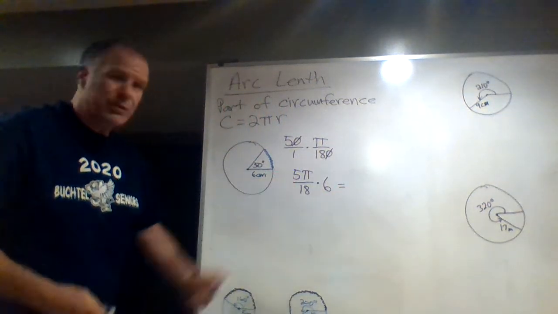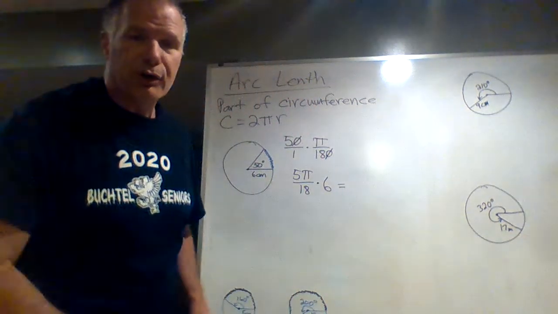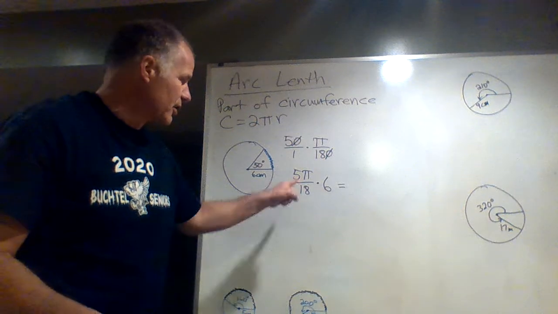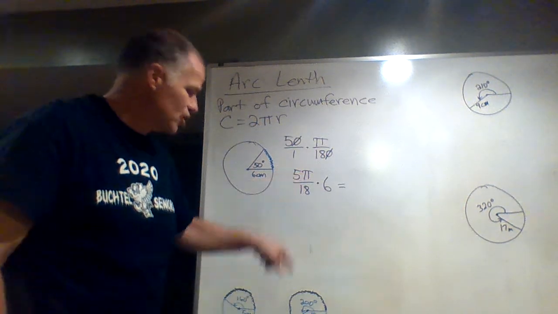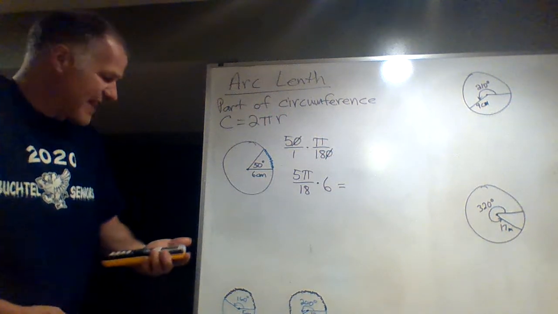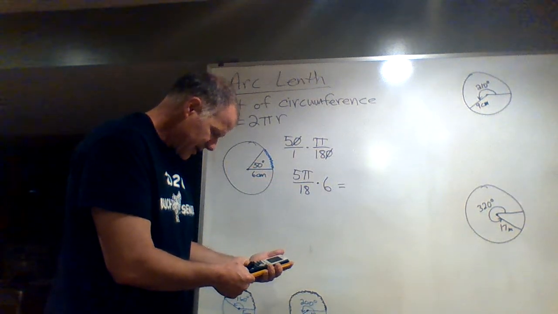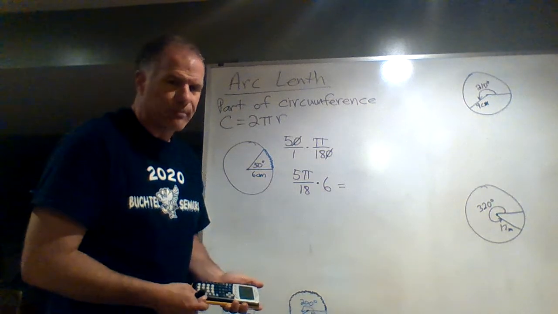Now all we're going to do is put this in a calculator. Remember, on your Chromebook, if you type in Google Calculator, you can have a calculator to do all this scientific stuff. This is how you would type it in: 5 times pi, and we'll use 3.14.